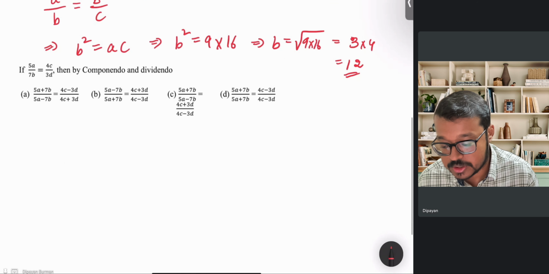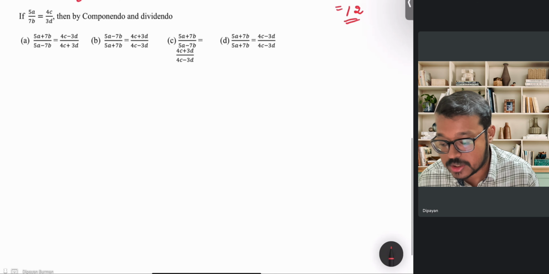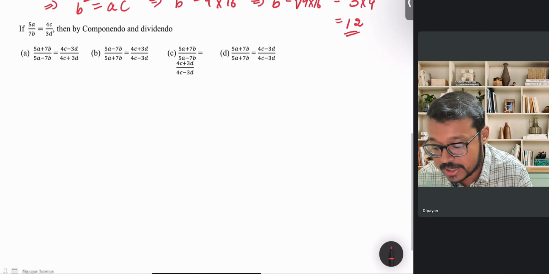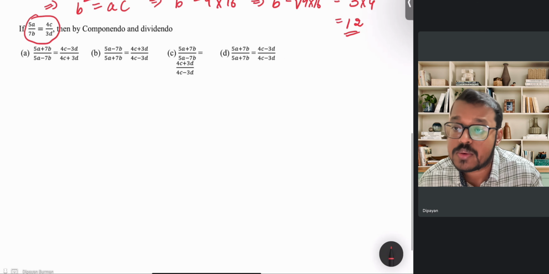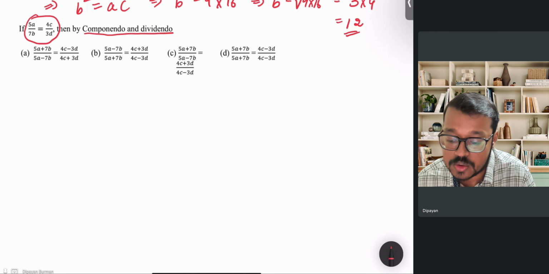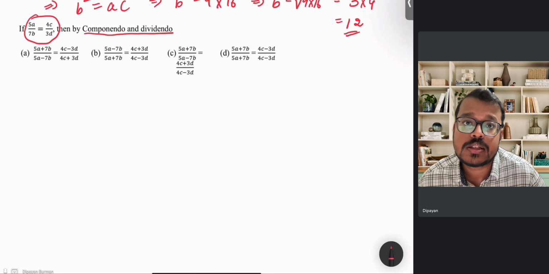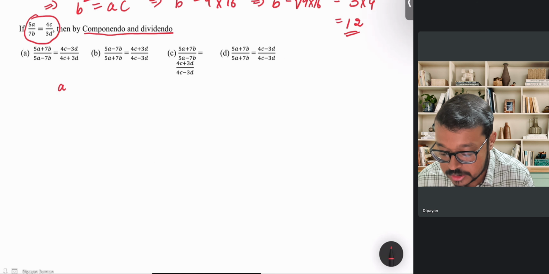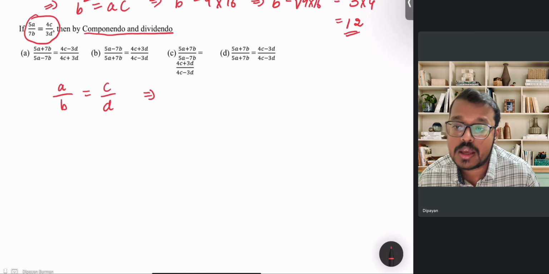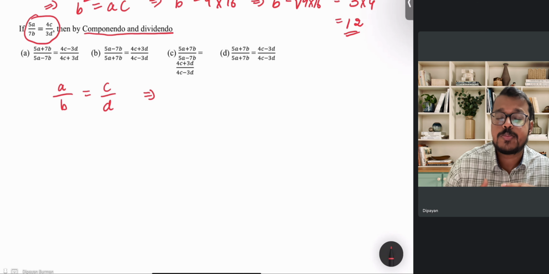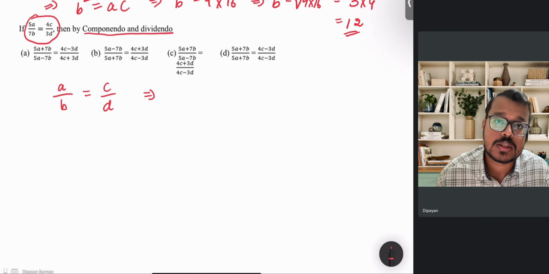Moving on to the next question. The question is, if 5a by 7b is equal to 4c by 3d, then by componendo and dividendo, which of the following is true? Now let's revise the properties of proportion. Given any proportion a by b equals c by d, I can change this proportion to get new proportions.